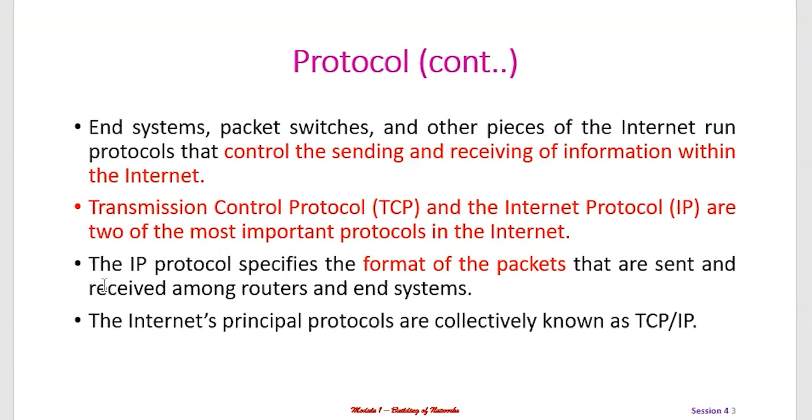The IP protocol provides the format of the packets that are sent and received among the routers and end systems. So the principle on which the internet works is TCP/IP. When we discuss the OSI layering architecture, we will also discuss the TCP/IP layer architecture in detail.